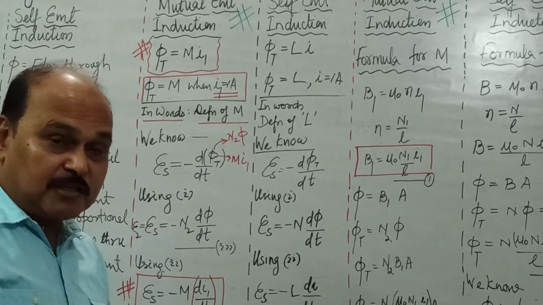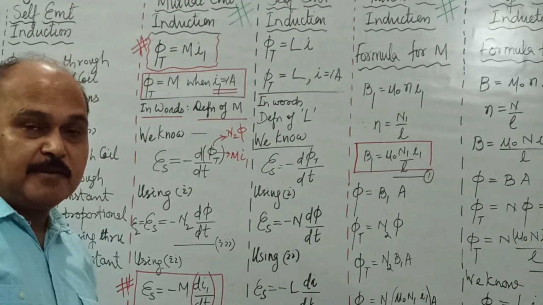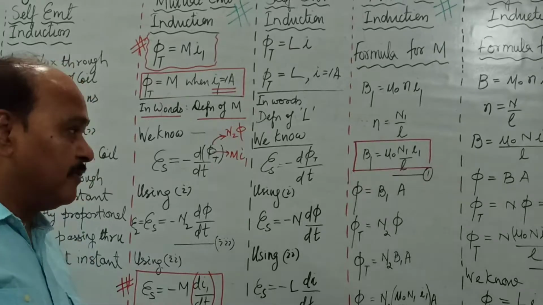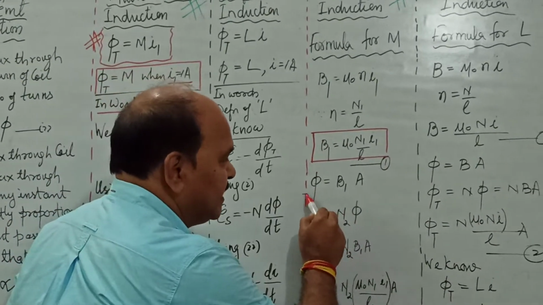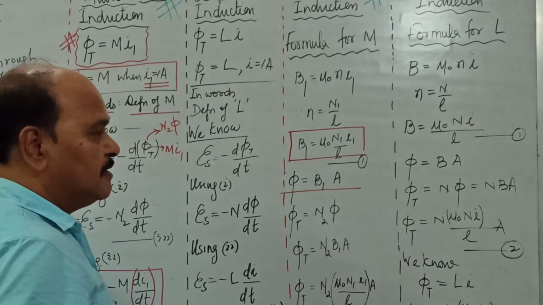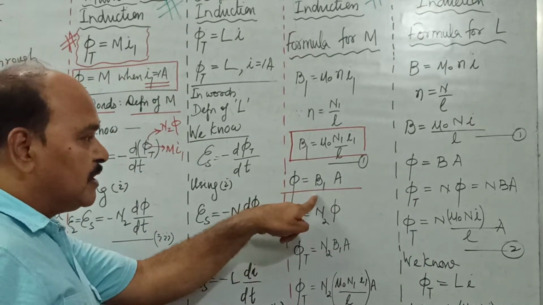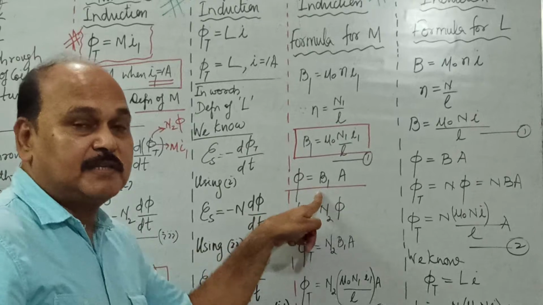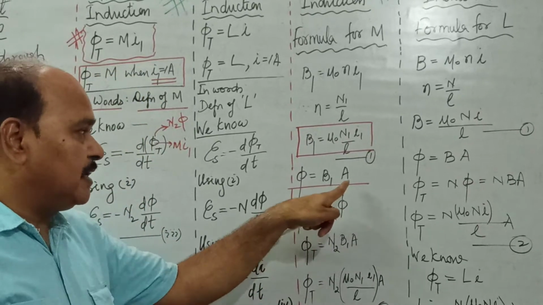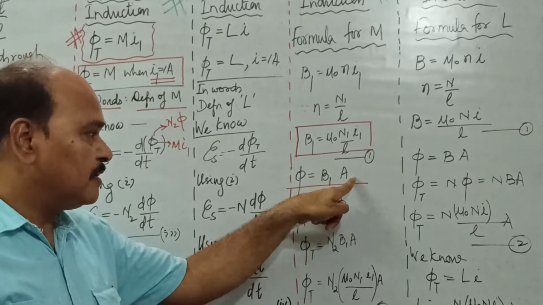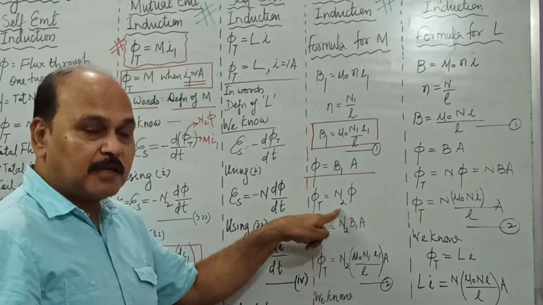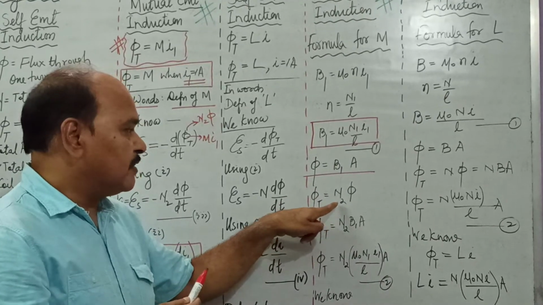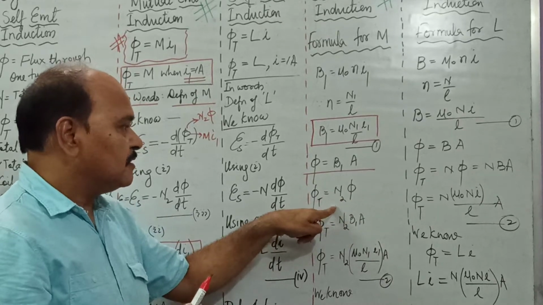Well, the flux passing through an area A in a magnetic field B, if the area happens to be normal, is what? B into A. This is the flux. So this is the flux passing through 1 turn of the secondary coil whose cross-sectional area is A. What is the total flux? For total flux we multiply it with N, as we have just done. So N2 phi is the total flux.